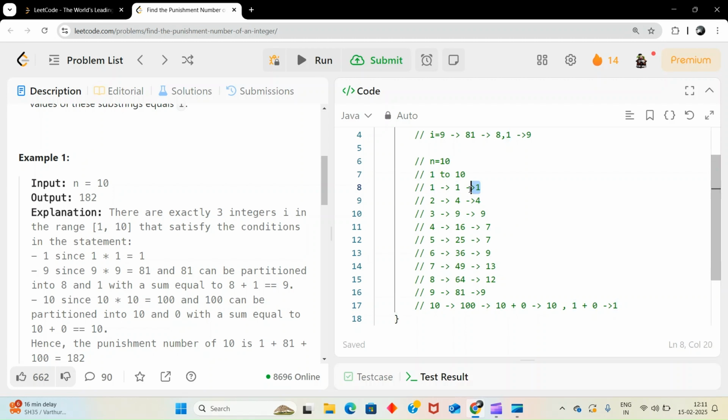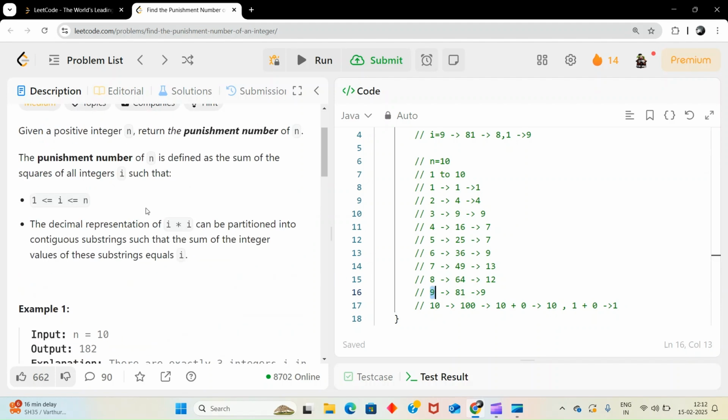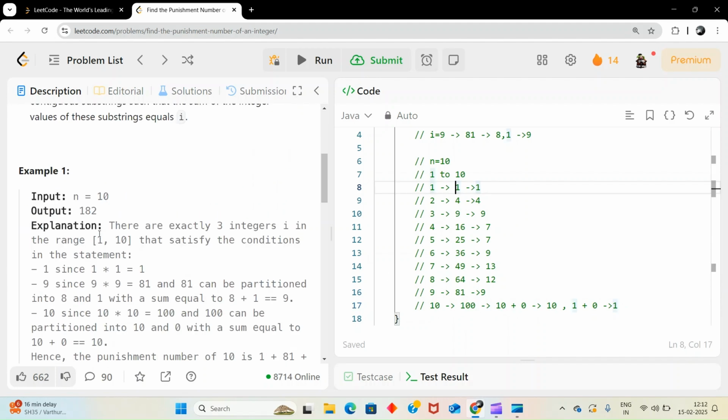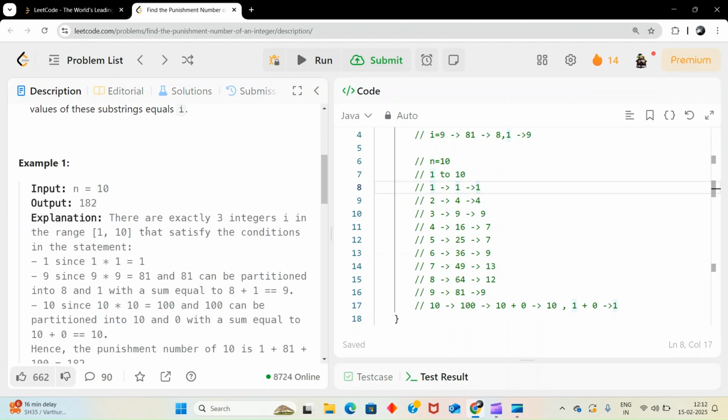Similarly for 1, the sum is the same, and for 9 also these are the same. So only 3 numbers qualify, and we have to return the sum of their squares. That means 81 plus 100 plus 1, that means 182 is our answer. So here you can see 182.